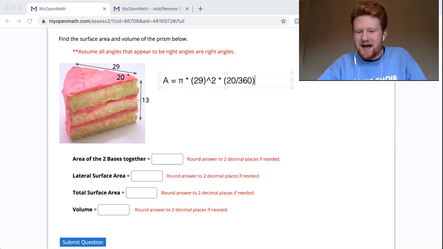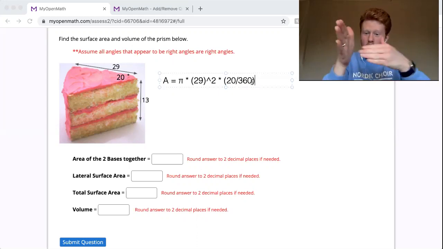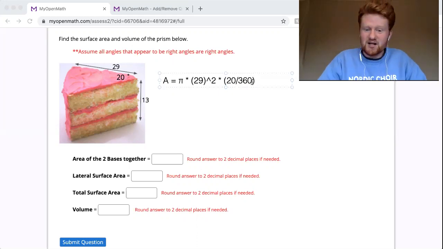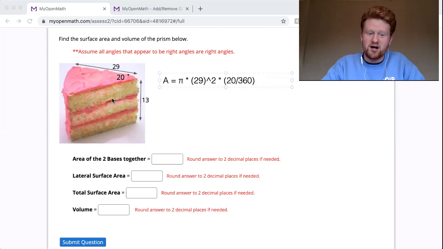Think if we had exactly 1/4 of a circle. That would be like timesing the area of the circle by 90 over 360, which is timesing it by 1/4, which is exactly what we would expect if we took only 1/4 of a circle. So we're doing the same thing here. 20 divided by 360 gets our portion of the circle, the area of this portion of the circle, or what we call a sector of the circle specifically.